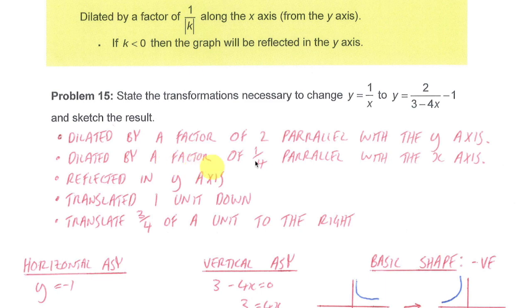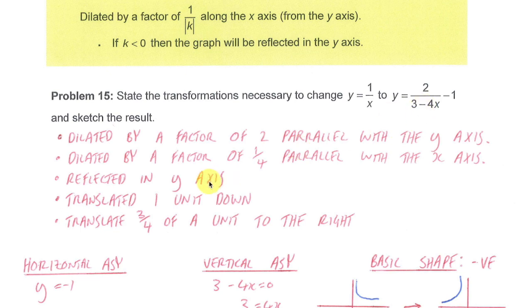The size of it will be 1 over 4. So we ignore the sign, and that is a 4 that's in front of the x, so the dilation factor will be 1 over that 4, so it's a quarter that we end up with, dilated by a quarter parallel with the x-axis. So the effect of that is that every x value would be multiplied by a quarter.